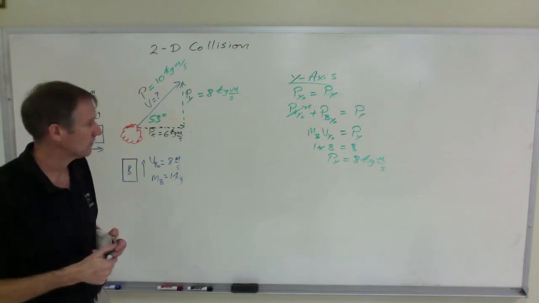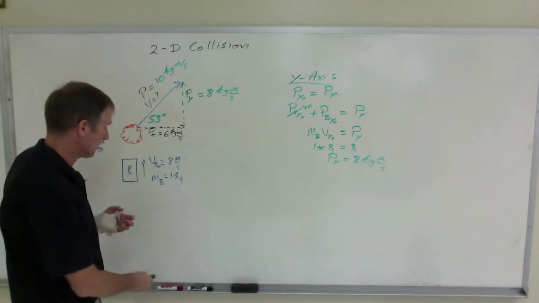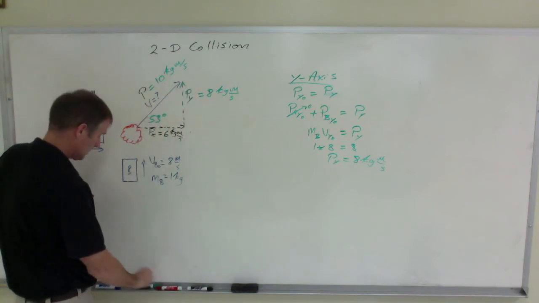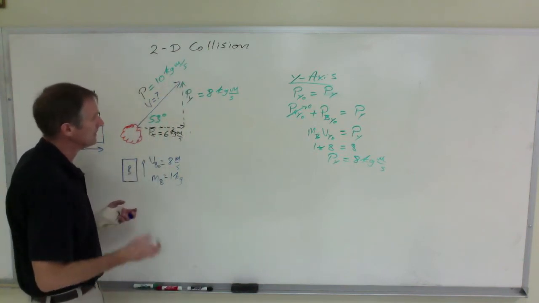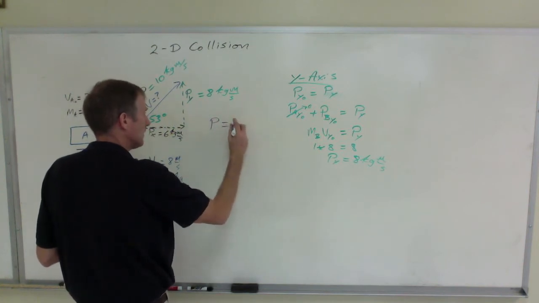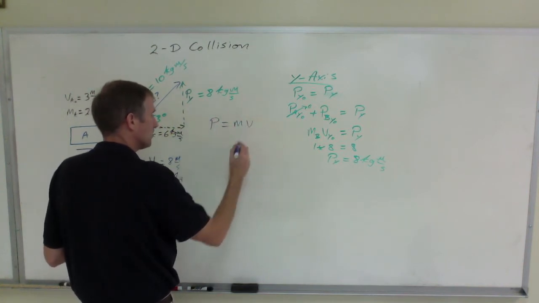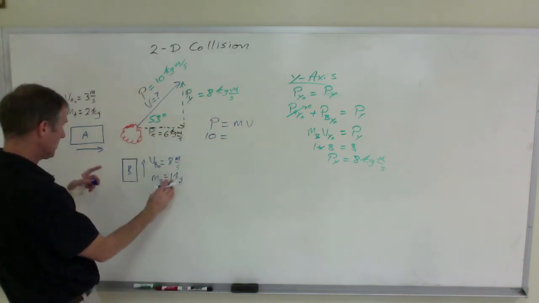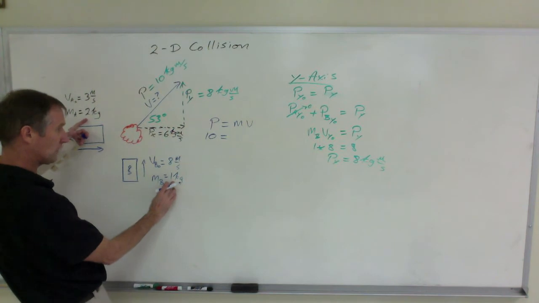The last thing we need to do is figure out the actual speed of this thing, and that's fairly easy, because we know that the momentum of the system equals the mass of the system times its speed. That's 10. The mass of the system is 1 plus 2, which is 3 kilograms.